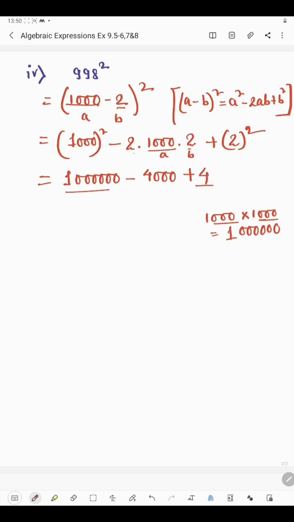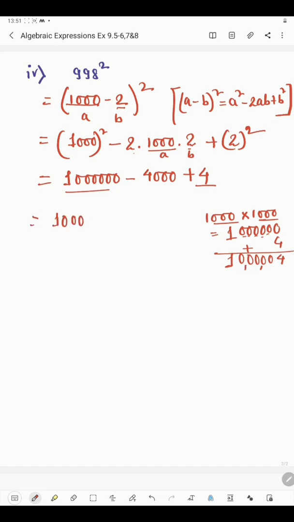Now we add these two because they have similar signs: 4 plus 0 is 4 and the rest remains the same. So it's 10 lakh 4.